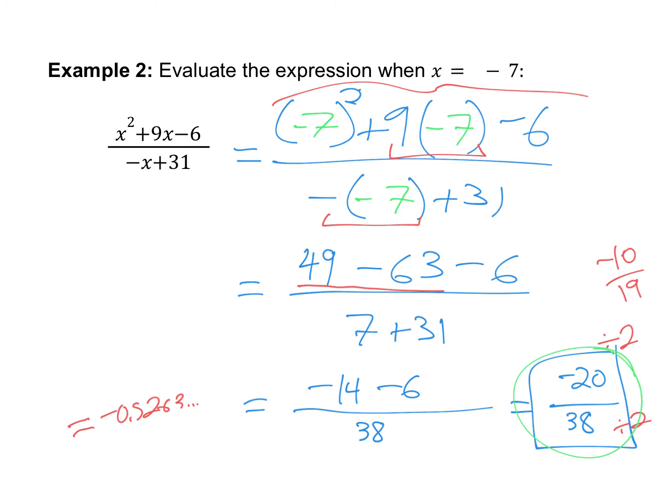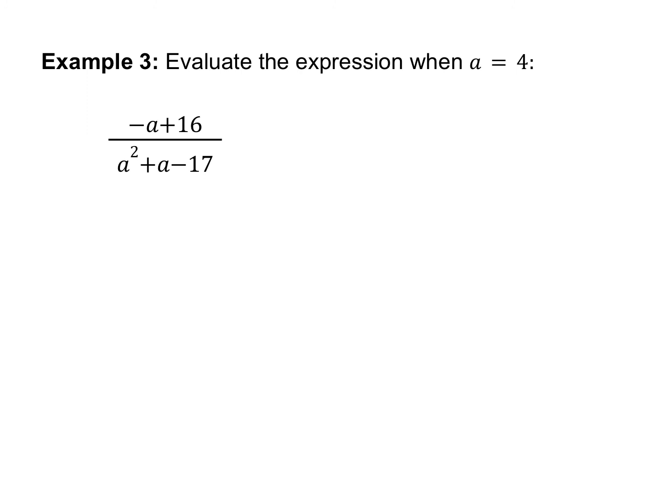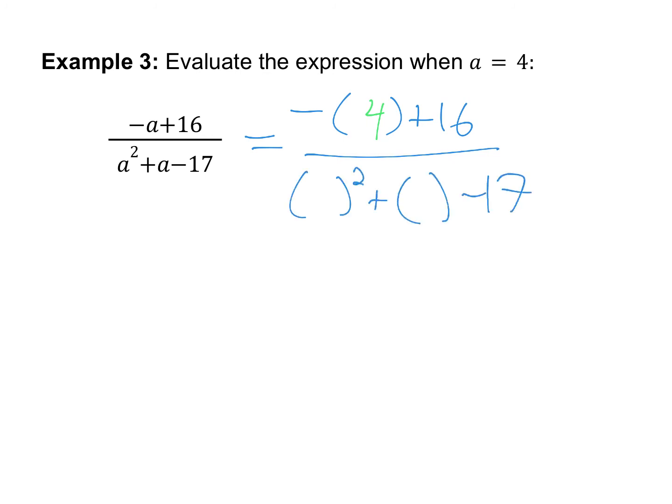Okay, one more example. Evaluate the expression when a is -4. Again, a different variable. Doesn't matter. So negative, parentheses, what goes in the parentheses? The 4 over something squared plus something minus 17.